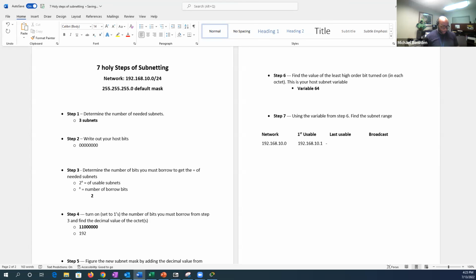Then we have our last usable. Remember, our variable is 64. And also, if it helps, you can go ahead and put your second network already here, because we know that's going to be 64. And then it's going to make it easier to figure out everything else.